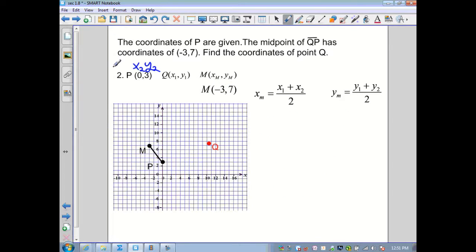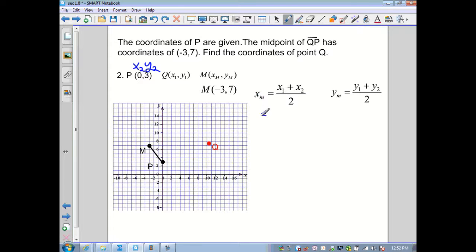In this example, they want us to follow the same procedure as we did in the last example, but here our endpoint is changed. Point P is now 0, 3. We still let this be x sub 2 and y sub 2. Our midpoint is still negative 3, 7, and those are our coordinates xM and yM. Then we substitute into our midpoint formula.